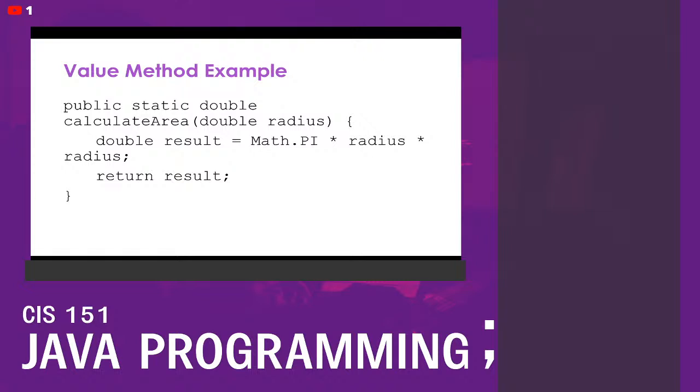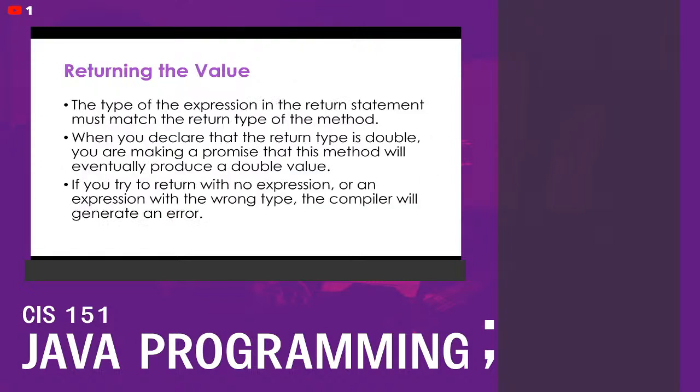Now when we're returning this value, one of the important things to remember here is that the type of expression in the return statement must match the return type of the method. Can't stress this to you enough. This is a place where I've seen students over and over again get confused and try to return a different data type value than what is found in the method header when you declare that method.